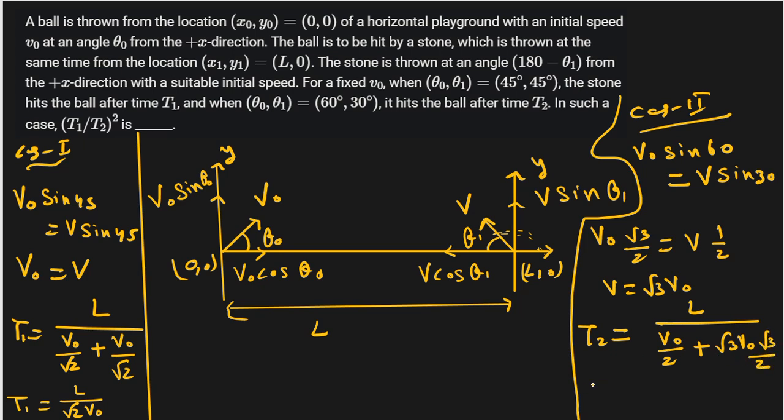So here we get T2 is equal to L divided by V naught by 2 plus root 3 into root 3, 3 V naught by 2. So 3 plus 1, 4 V naught by 2, so it will become 2 V naught.